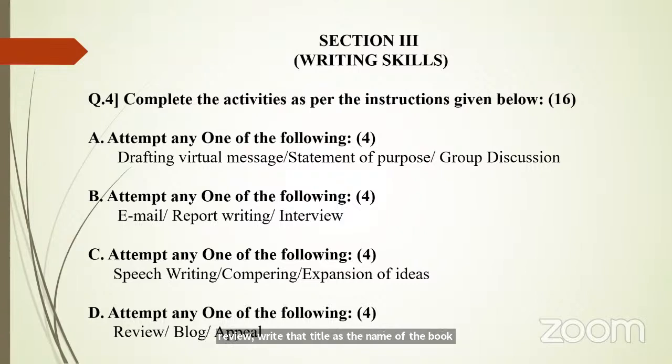The entire review is not expected to be a summary of the book. The author and the title of the book will come in the first paragraph along with the gist of it. Then, why do you like it? If you want to criticize, you can criticize the characters. Give your opinion about it, and why you want to recommend it to others. That also you have to write.